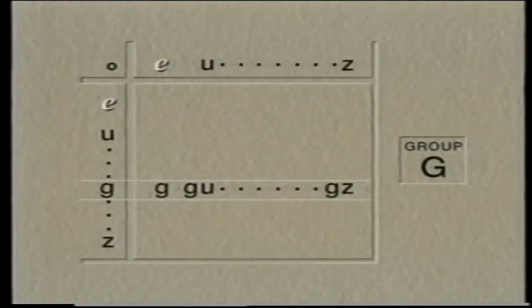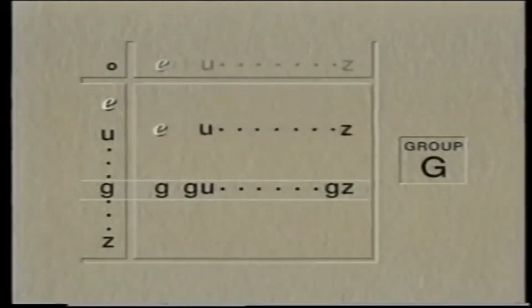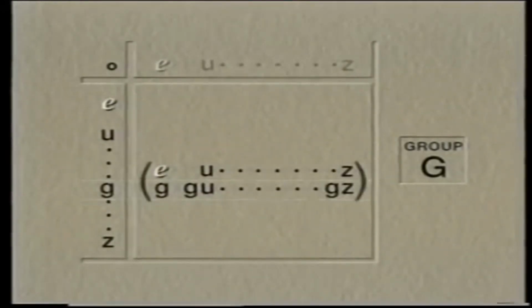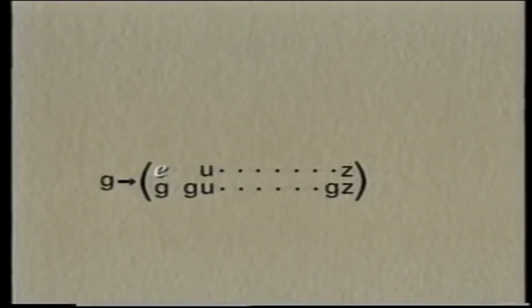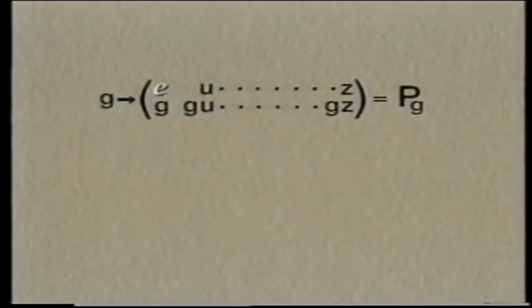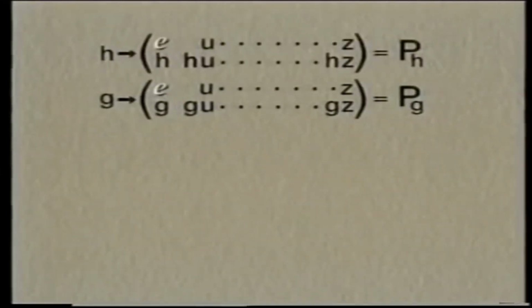Well, what are the elements in its row? They're compositions. So the permutation we get from little g is this one. We'll call this permutation PG. We get a unique permutation in this way for each element of the group.